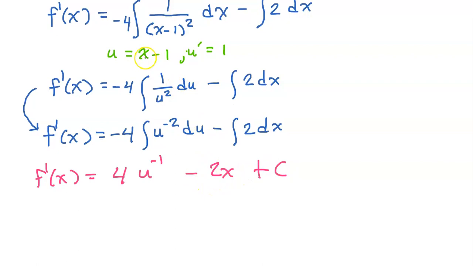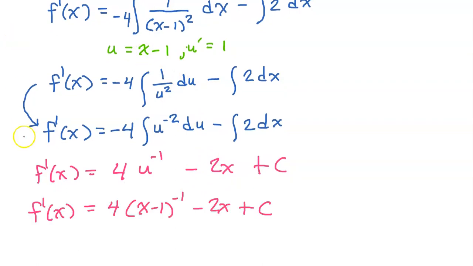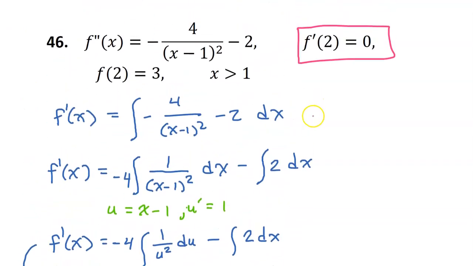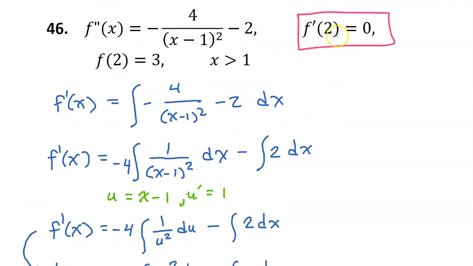Remembering that u is x minus 1, we now have this. It's time to find the value of c. Looking back at the setup, they gave us the value of f prime at 2. F prime at 2 equals 0. Let's use this to find c.